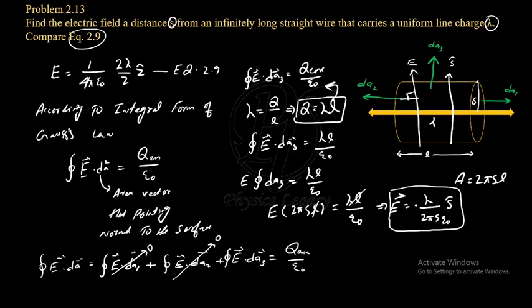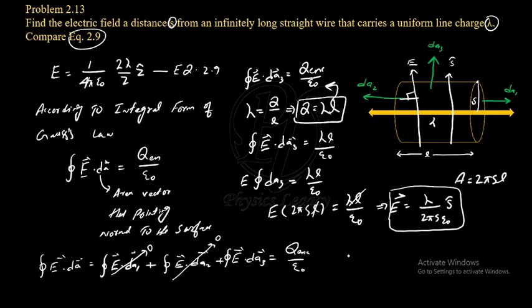And our final task is to compare this expression with equation number 2.9. If we compare these two equations, we notice that in this equation we have a 2 missing in the numerator as well as a 2 missing in the denominator. So we just multiply by 2 and divide by 2 in this equation and we get equation number 2.9.